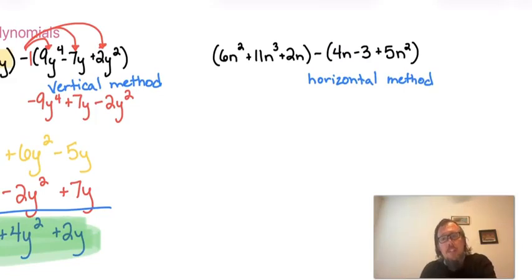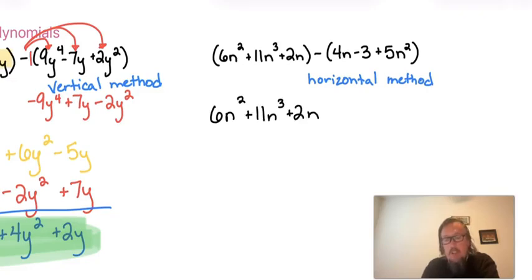That first set of parentheses doesn't matter. We can just drop the parentheses completely because there's nothing in front of them. There's nothing for me to distribute in front of that first set of parentheses, so I can just drop them. But the second set of parentheses does have something in front of it. It's got a negative.